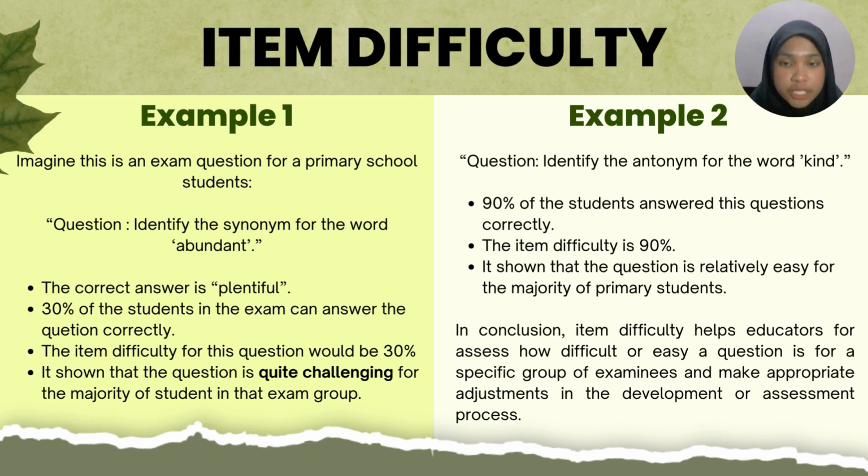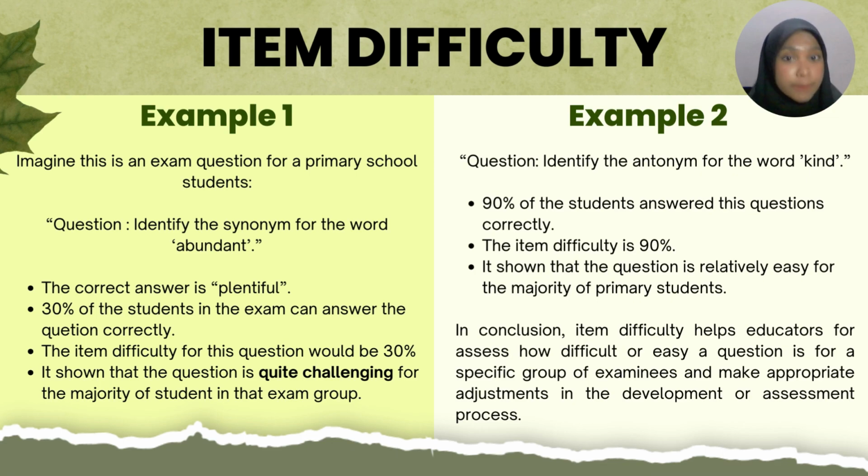Based on this question, 30% of the students in the exam can answer the question correctly. The item difficulty for this question would be 30%. It shows that the question is quite challenging for the majority of students in that exam group, because only certain students can answer this question.